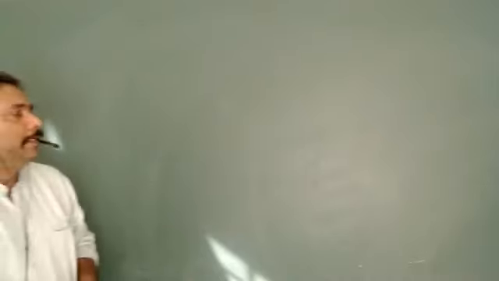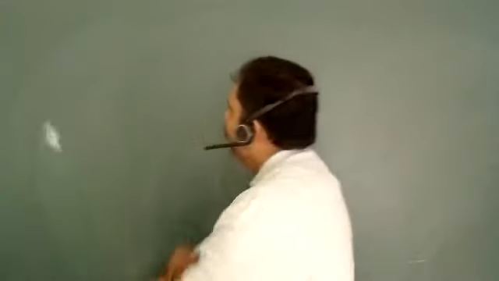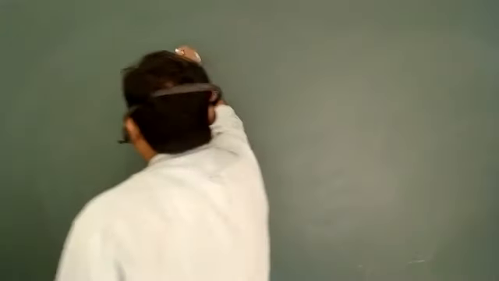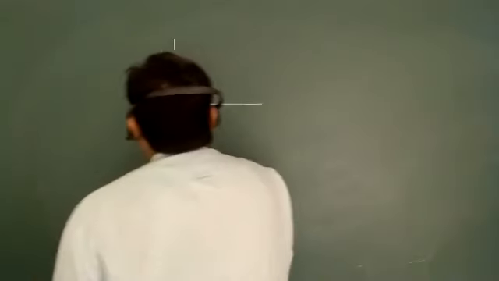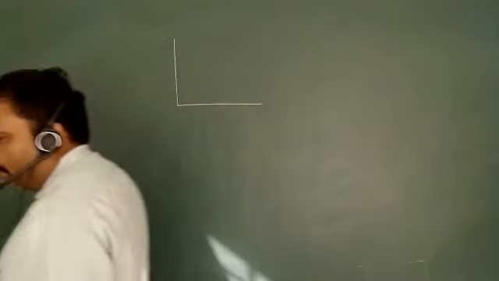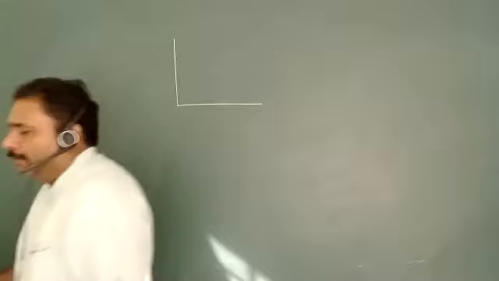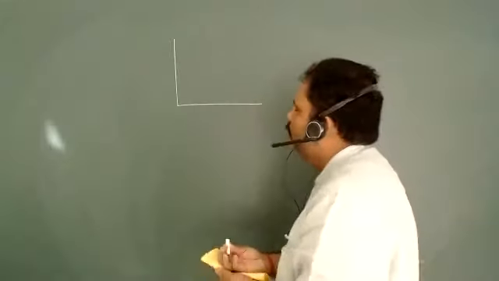Okay, let us go for a different problem. It's very interesting, a very nice one. Look here. This is a corner of your wall. You can see in your room there is a corner of your wall.